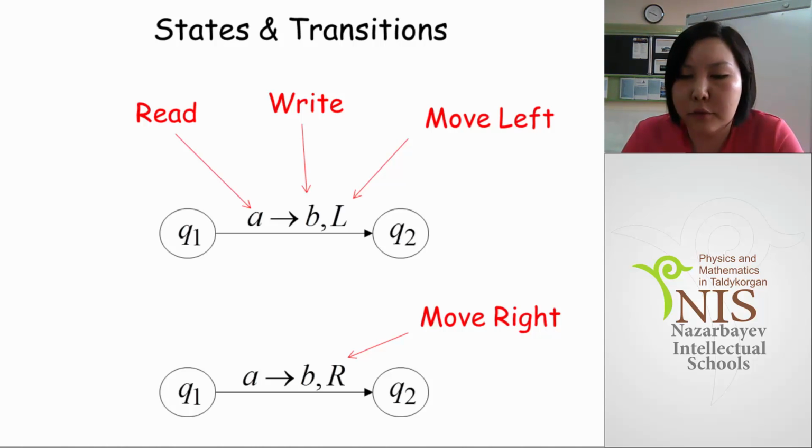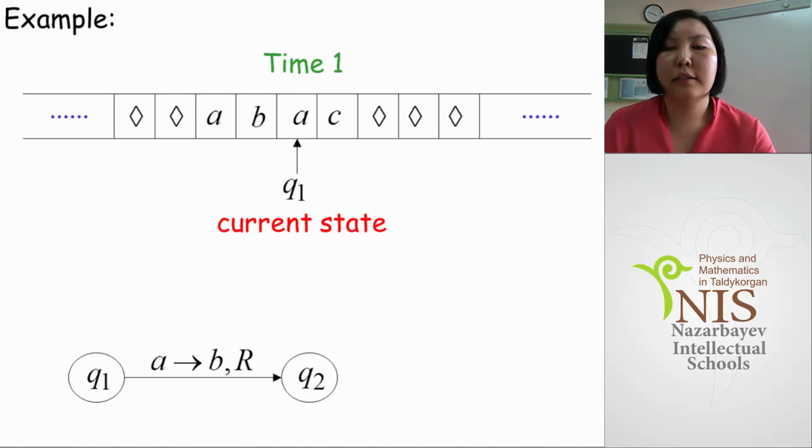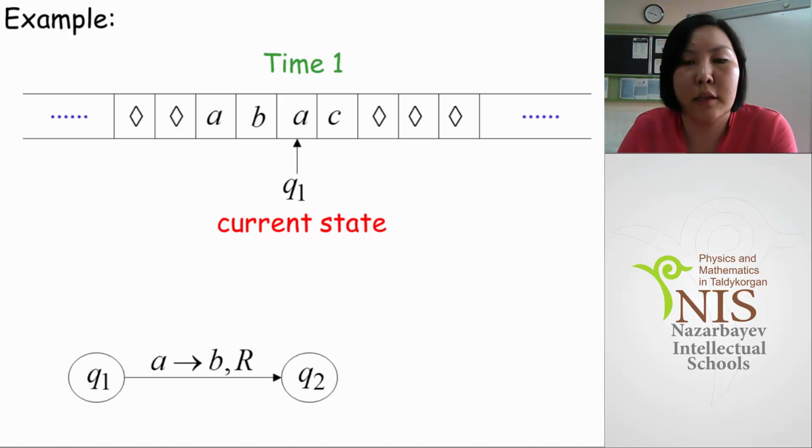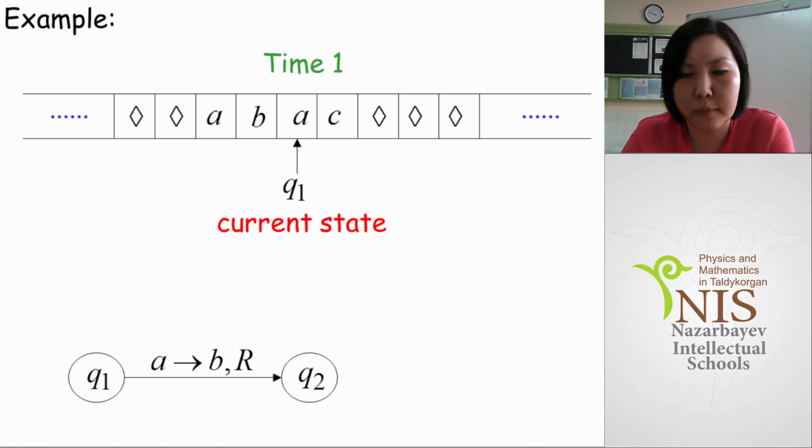Instead of left, we can write right, to move right. Let's look at this example. The head is on the position with the letter A, and the current state is Q1. Below, you can see the diagram that shows the action.